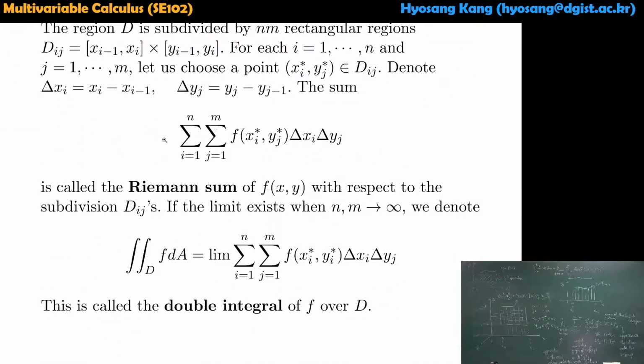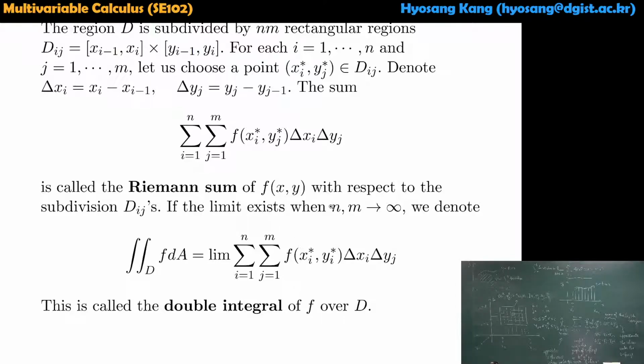It's called the Riemann sum. The name is not important. What is important is why we are doing this. We are taking the Riemann sum in order to get the approximate volume under the graph by the sum of volumes of rectangular regions.